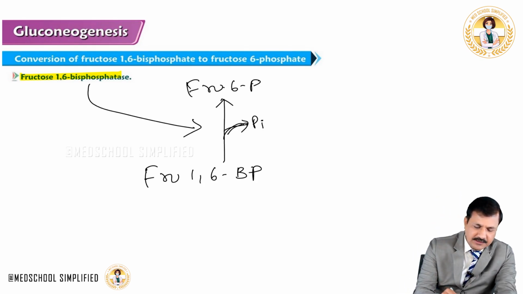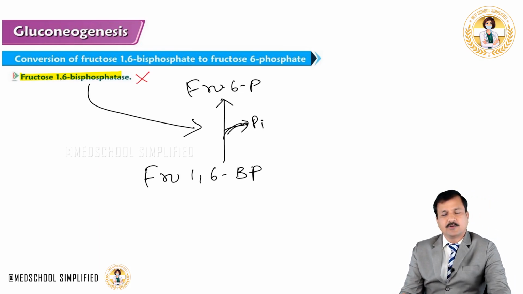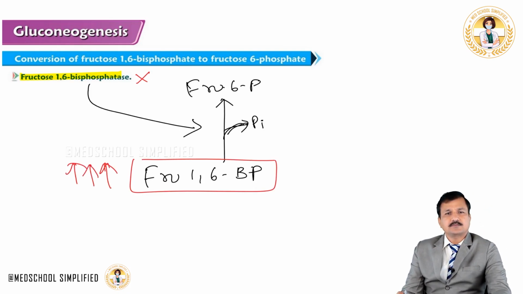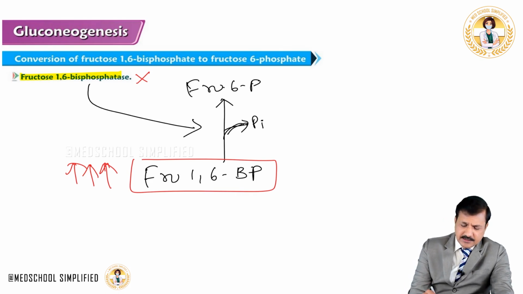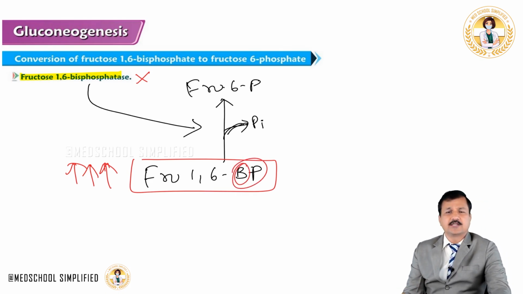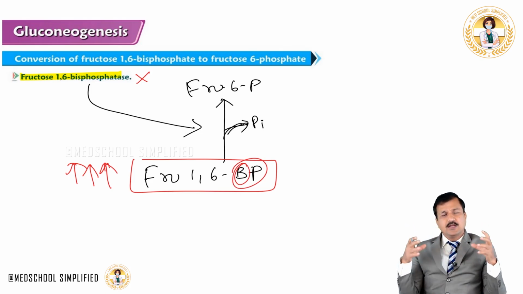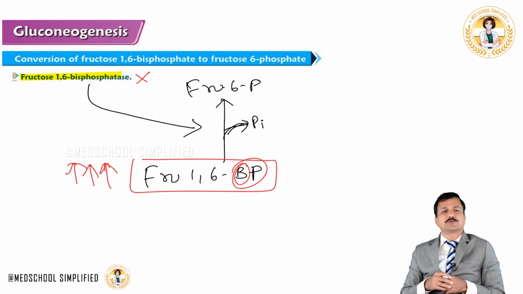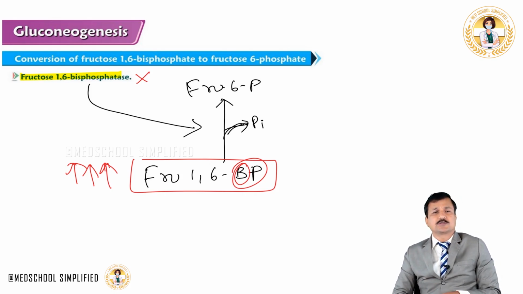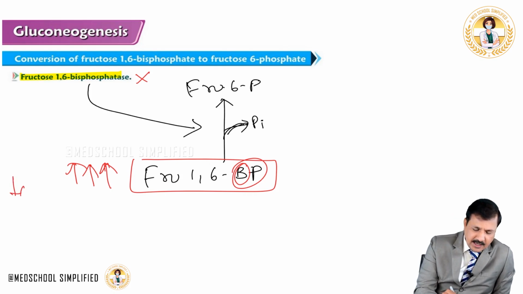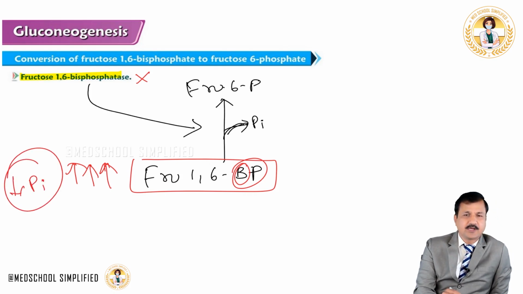What if there is a genetic deficiency of fructose 1,6-bisphosphatase? What will happen? That leads to accumulation of fructose 1,6-bisphosphate here. Note that there are 2 phosphates present in this molecule. Both of these phosphates are kind of trapped there. It is a trapping of inorganic phosphate in the form of fructose 1,6-bisphosphate, and this leads to a decrease in the inorganic phosphate pool in the cytoplasm.